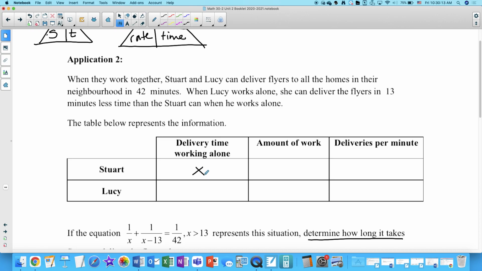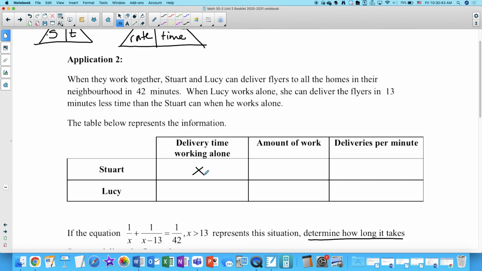Okay? Now, as soon as you assign a time to Stuart, or to one piece of it, you want to try and use information in the question to figure out an expression for Lucy's time using that variable x. So let's look at the information that you have, read through it, see if you can tell me something in there that's going to relate Lucy's time to Stuart's time.